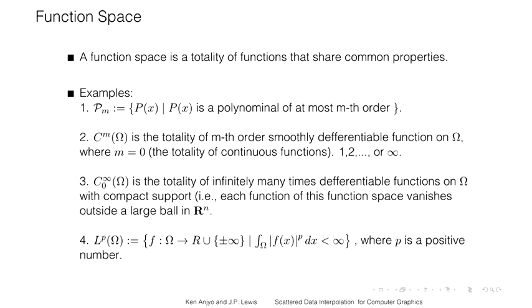And C_0^infinity(omega) means the subset of the second function space, the totality of infinitely differentiable functions that have compact support, which means that they vanish outside some big ball. And L^p(omega) is defined in the fourth line. These are also probably very familiar or well-known function spaces.